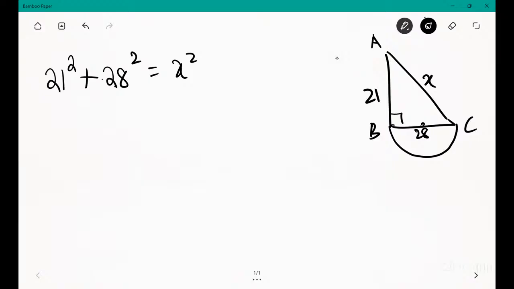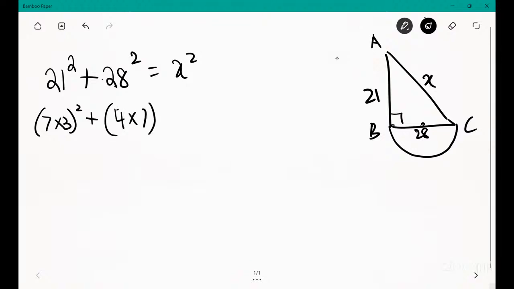So you can also write this as 7 into 3 squared plus 4 into 7 squared is equal to x squared. So here you can see that 7 squared is common, so I can take it out.